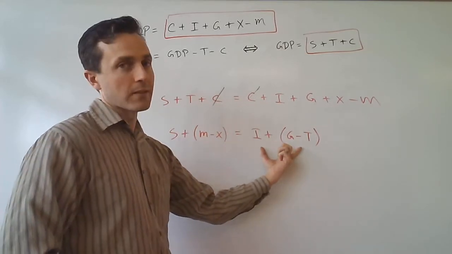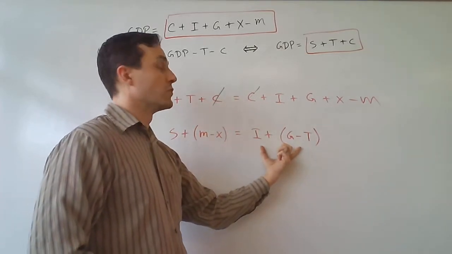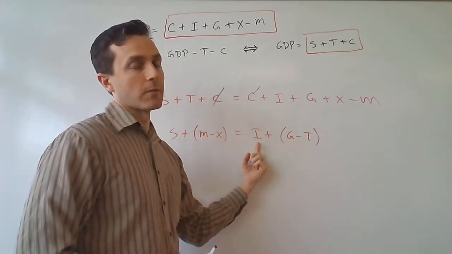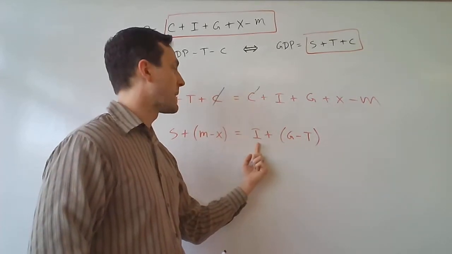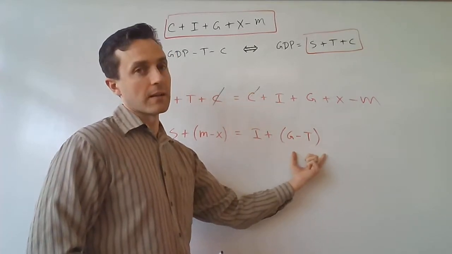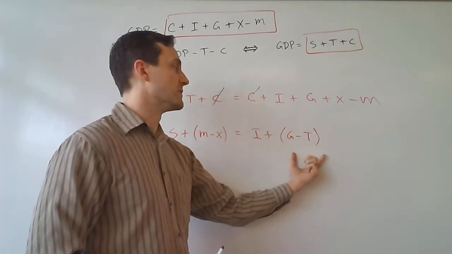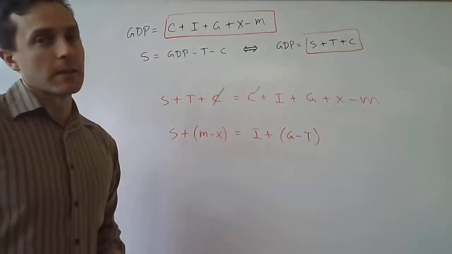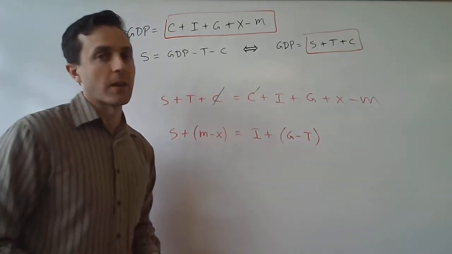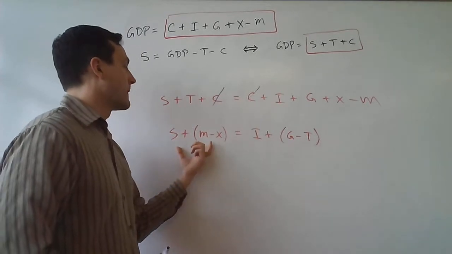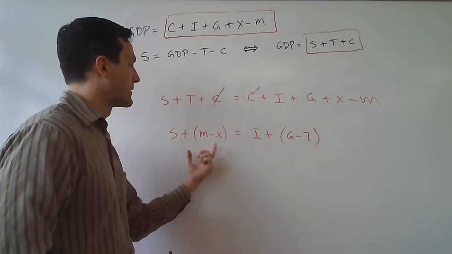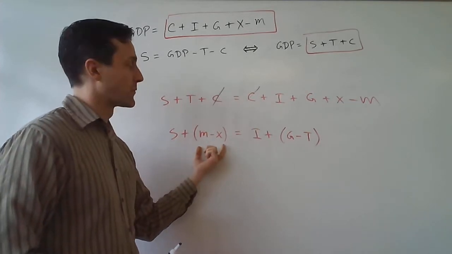And of course, the right-hand side, this is essentially usually the demand for financial capital, right? From firms engaging in investment spending and from the government in case they are running a budget deficit, right? G minus T. So on the left-hand side of the national savings and investment identity, we have private savings and the net supply of financial capital from abroad.